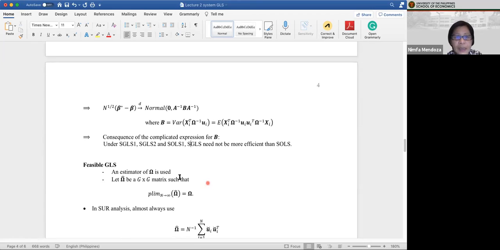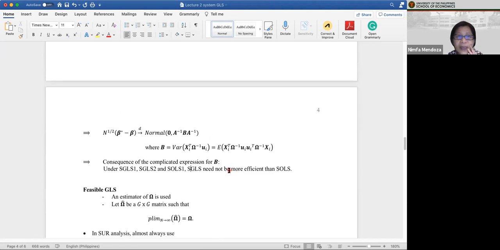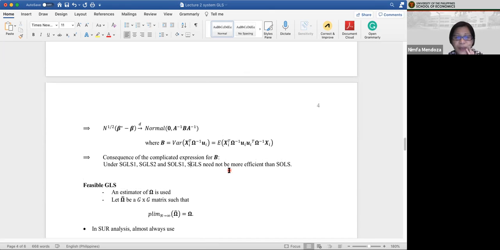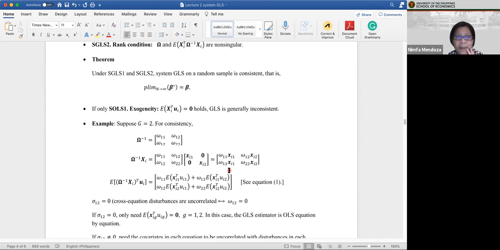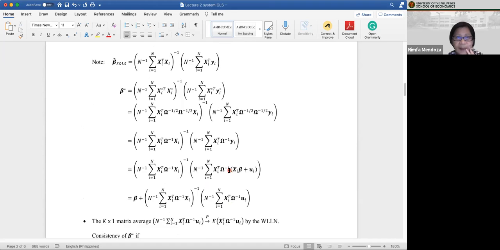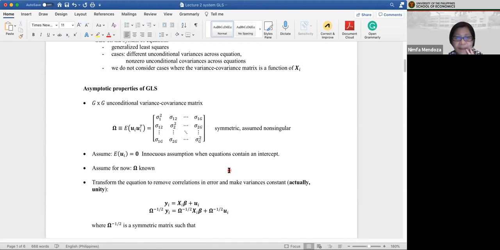In practice, we usually do not know what omega is, the variance covariance matrix of the disturbances, because these disturbances are actually unobservable.